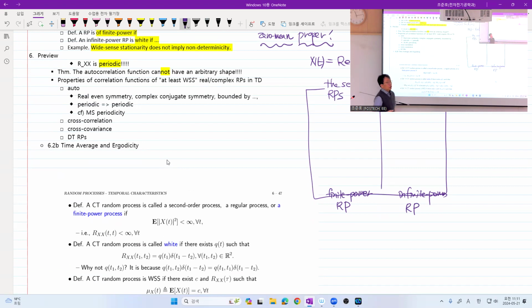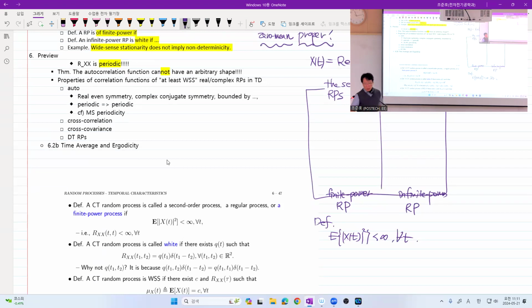That is kind of time averaged average power. But here, the finite power random process is defined in terms of the instantaneous power. So if this is finite for all t, then the random process is called finite power random process.